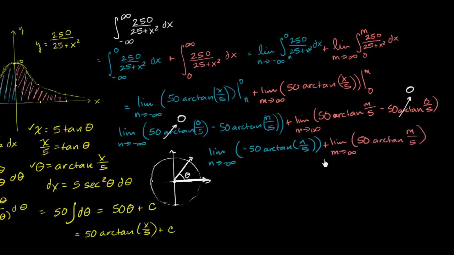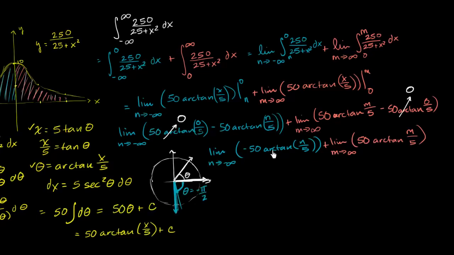So let's think about what these are going to be. As n approaches negative infinity, one way to view that is the limit as the slope of this terminal side approaches negative infinity. So that's getting more and more negative. It's approaching negative infinity when our angle right over here is negative pi over 2 radians.